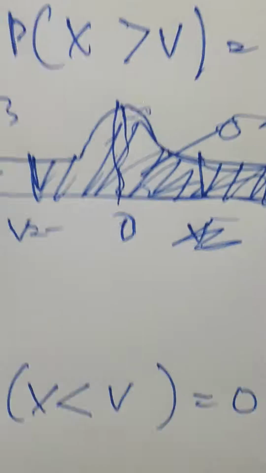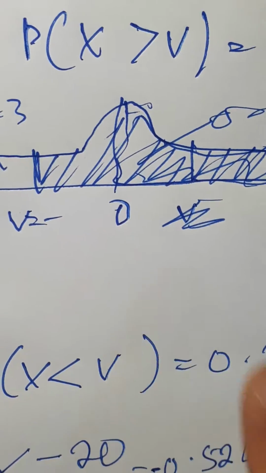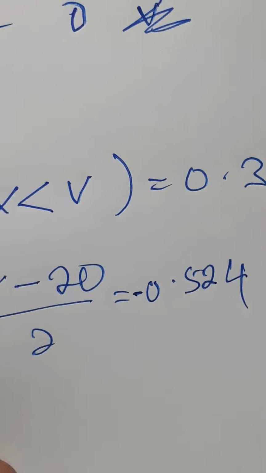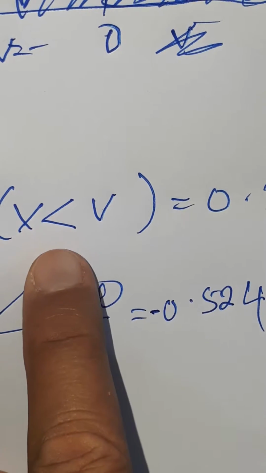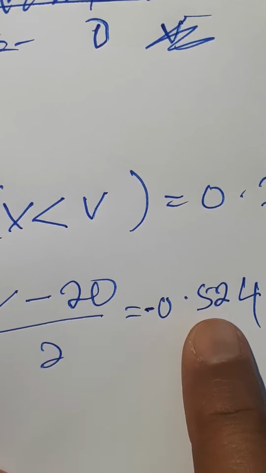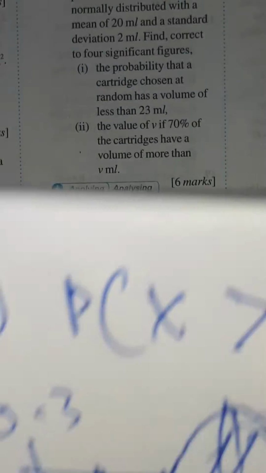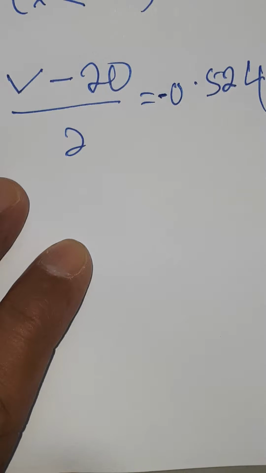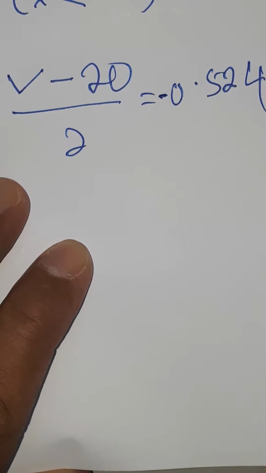Okay, why? Look at the graph just now, the justification. Or in order to make it shorter, whenever you see the final symbol is less than, the Z score will be negative. Okay, and solve the equation. So 0.524 times 2 will be 1.048.